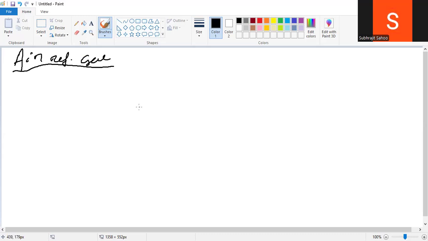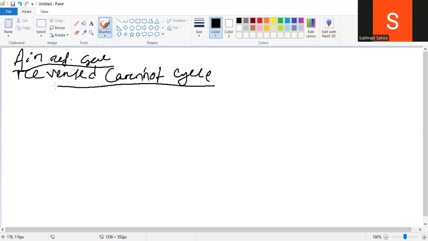In this air refrigeration cycle, we are going to discuss a very famous name, the reversed Carnot cycle, after Leonard Carnot. So what is this reversed Carnot cycle? We know a cycle. What is a cycle? A cycle consists of several processes.